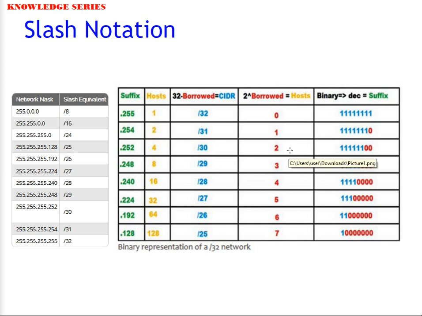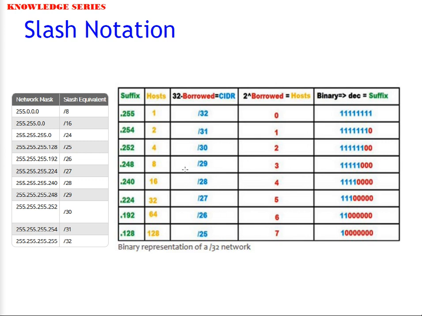Now here if you try to see /30, 32 minus 30 is 2, that is 2 bits you have borrowed. 2 bits means 2 to the power of 2 is 4 host addresses you are able to create. That is what has been shown. So whatever IP is there, that one will have a suffix 252.